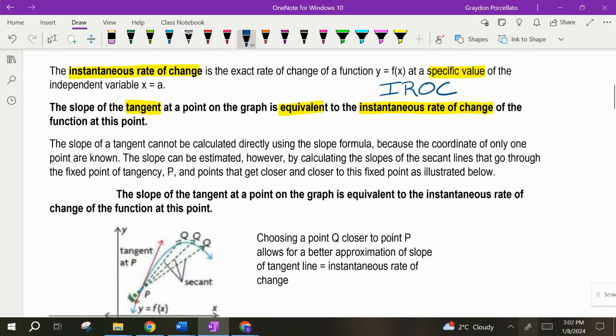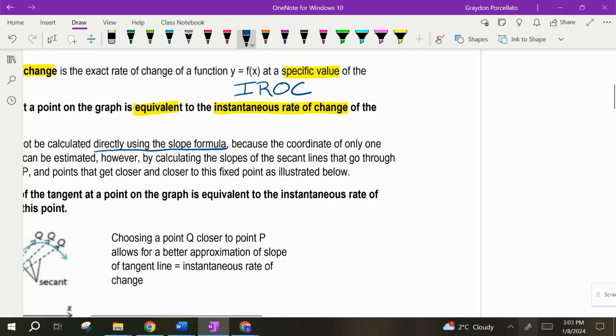So the slope of the tangent cannot be calculated directly using a formula or the slope formula because the coordinate of only 1 point is known, right? For us to determine it using our slope formula, remember our slope formula is y2 minus y1 over x2 minus x1, right?